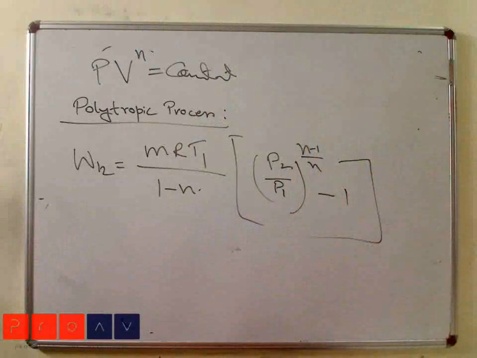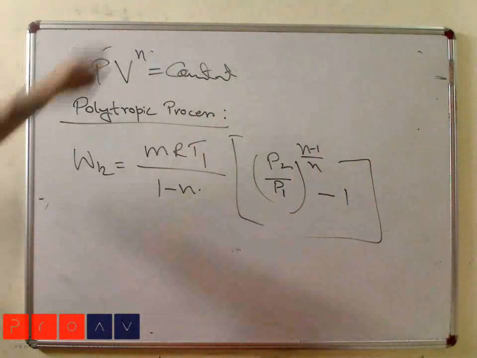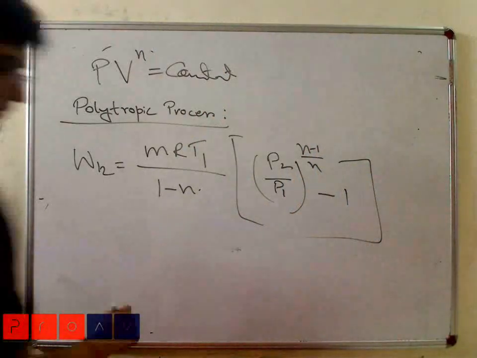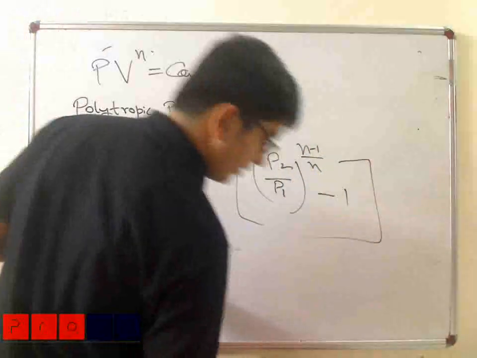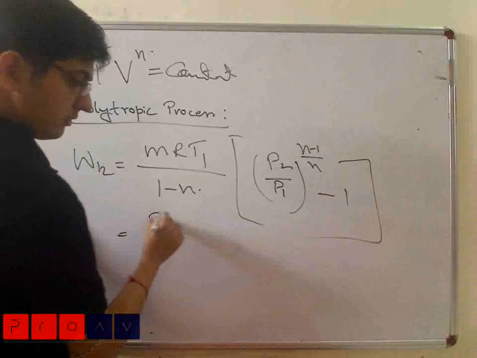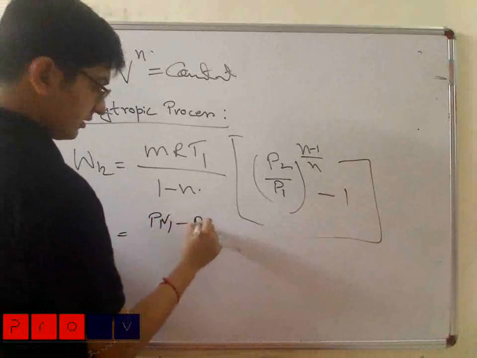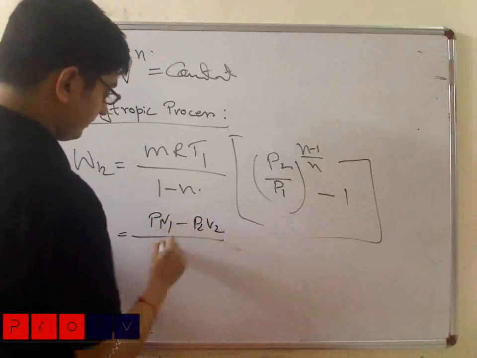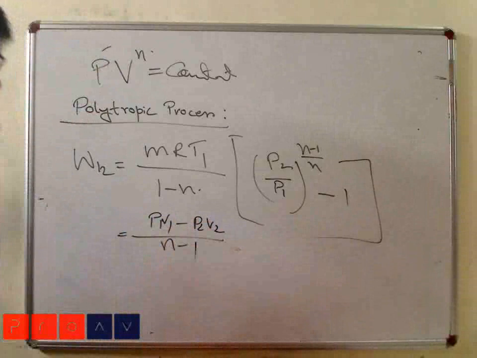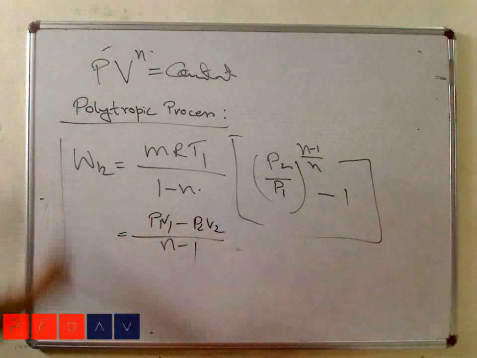N is the polytropic coefficient, which is also equal to (P1 V1 minus P2 V2) by (n minus 1). Remember this formula.